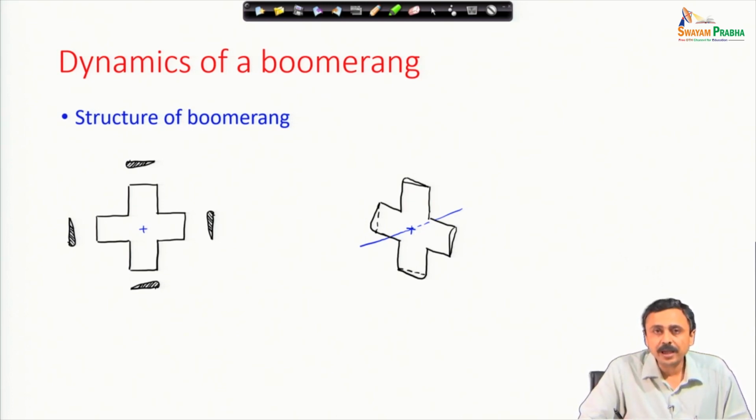If this object is given only a spin about this axis, then the aerofoils will generate lift. Of course, it will generate drag also, but right now I will neglect the drag. I will consider the lift, and that is very important.